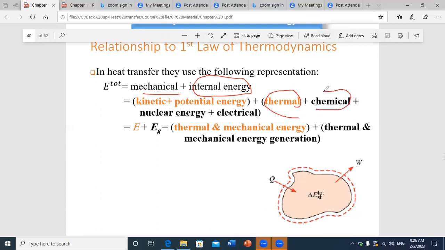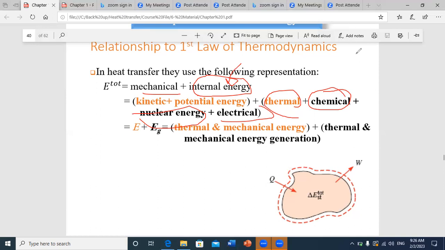You know that whenever you have combustion or a chemical reaction, you can have production of energy because energy is stored in molecules in chemical form. We can talk about nuclear energy. We can talk about electrical energy, etc. So we have several forms of energy that fall under the title of internal energy.